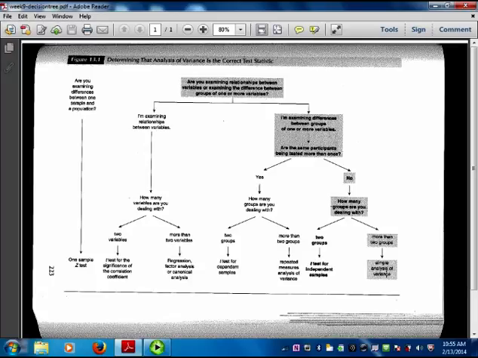Are you comparing differences, or are you comparing relationships? Then you move on from there to go to the specific arrow to select the appropriate statistical analysis method. For more complicated analysis methods, the textbook gives you more comprehensive choices. The one I gave you is a very simplified version for now. As the class moves on, I will probably give you more decision trees of this type.